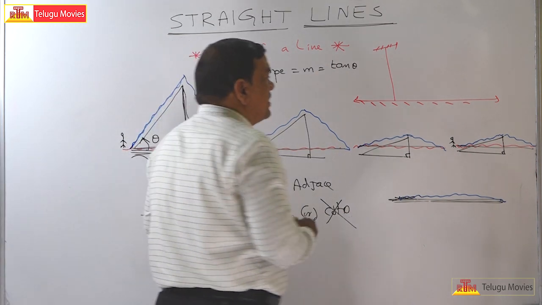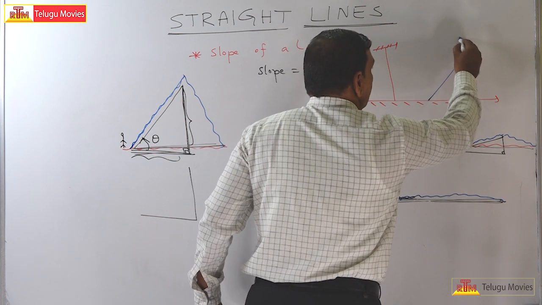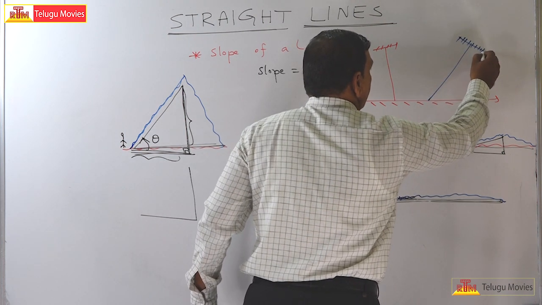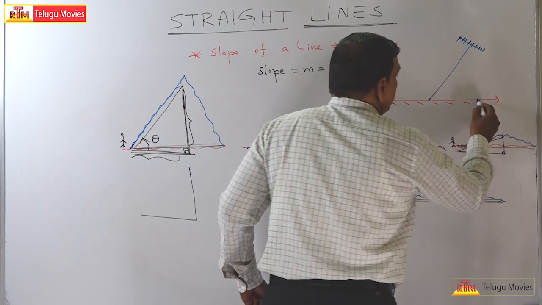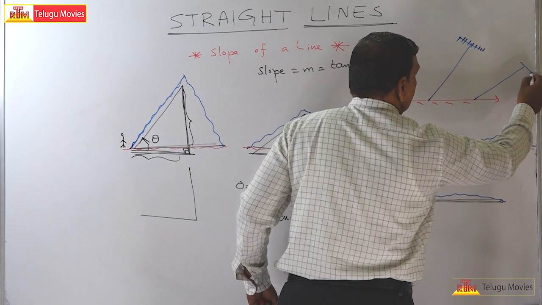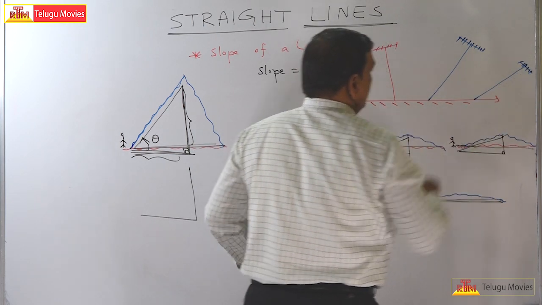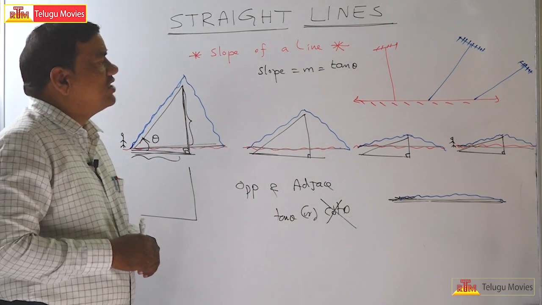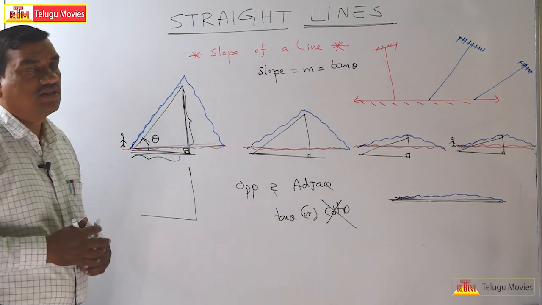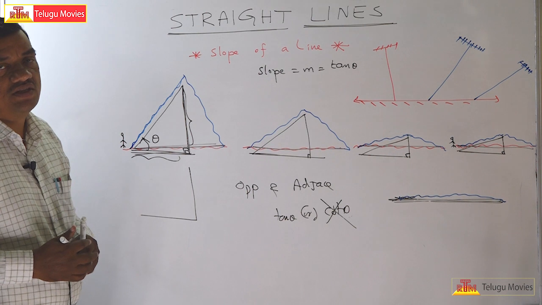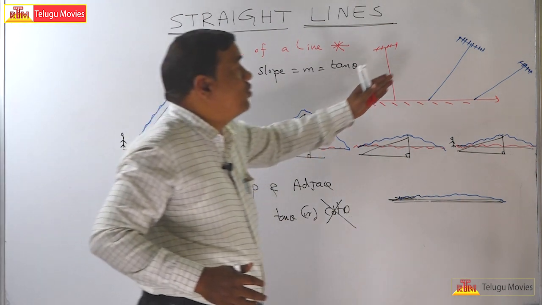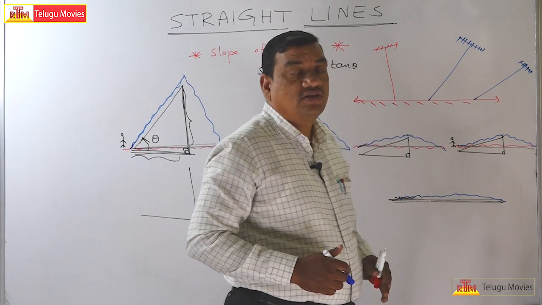Then it will become like this. One more electric pole is like this. So from this, what can you say? Which has more steepness? The first one has more steepness, more slope. It has more slope comparatively.